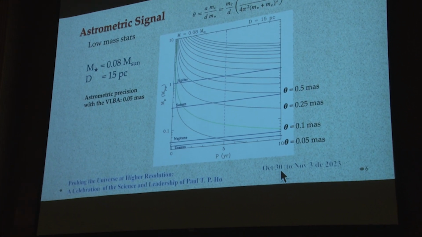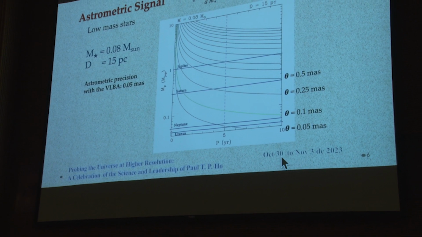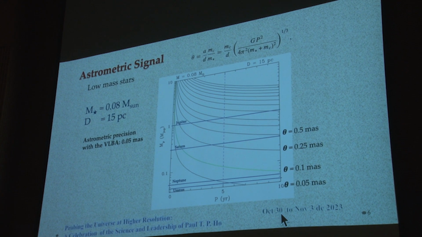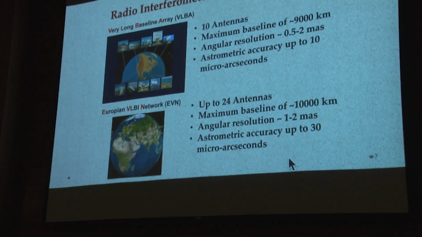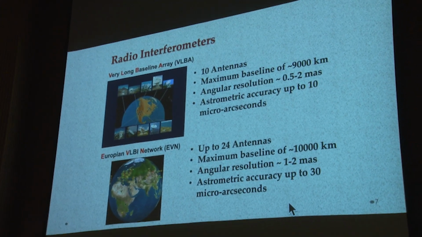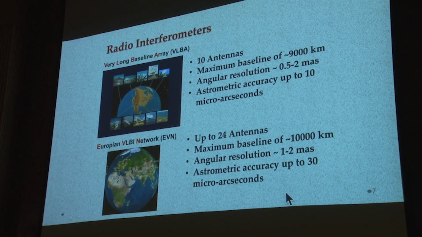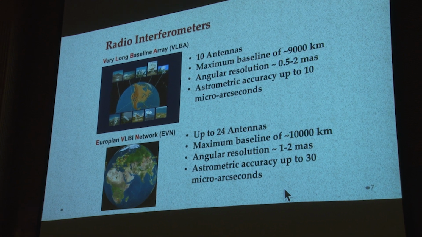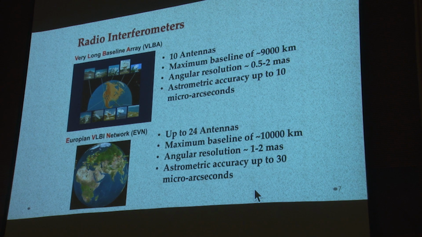So in theory, it should be easy to find exoplanets around low mass stars. However, in practice, it's really, really difficult to do it. So I decided that looking for exoplanets using astrometry was not enough. I had to make it harder. And the way to make it harder is to do it in a way that nobody else has done it. So, using radio observations, not optical observations.